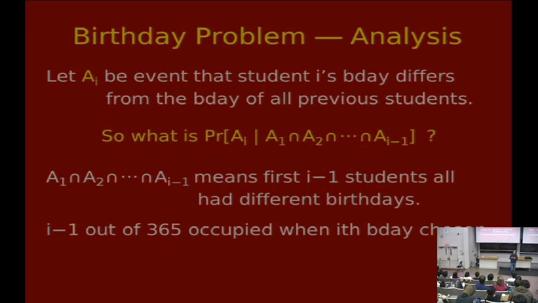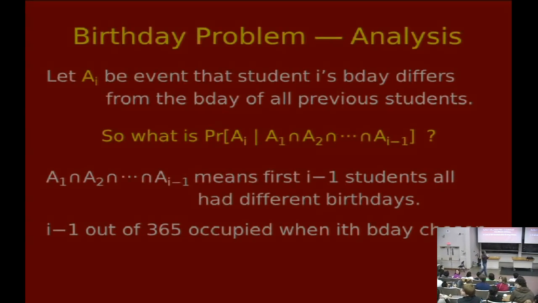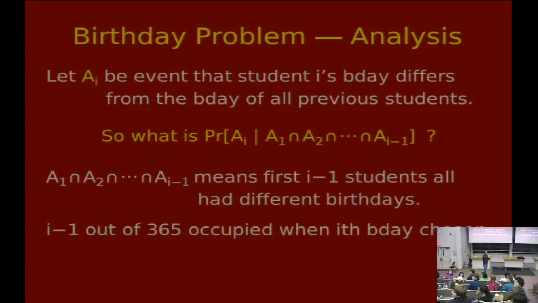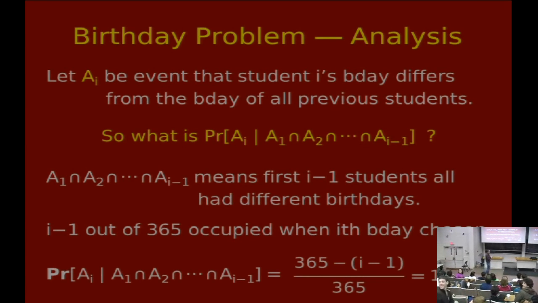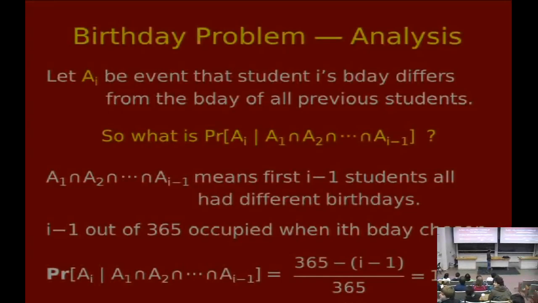There are 365 slots for birthdays, and i-1 of them are occupied. Now the next person comes along, their birthday is chosen, and it can go into any one of the 365 slots. So the probability that it's different from all of those is 365 minus (i-1), the number of unoccupied slots, over 365.